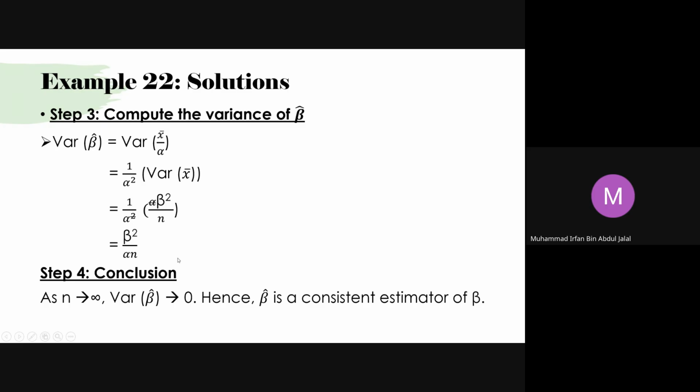So this is beta squared, and so the variance of the estimated beta here is beta squared divided by alpha times n.